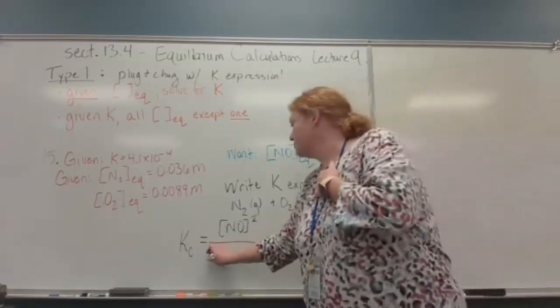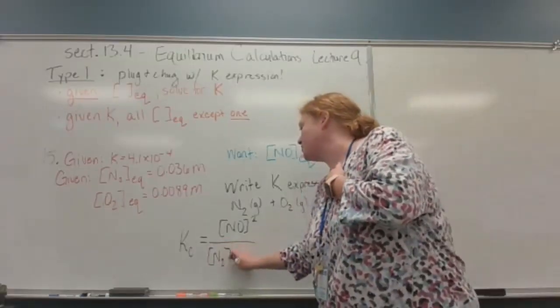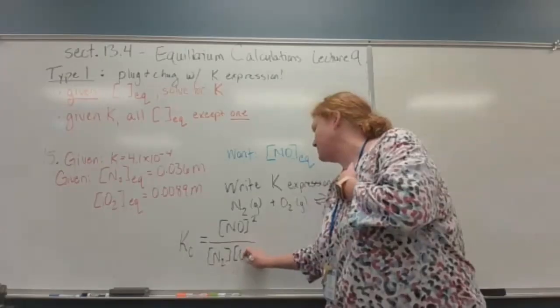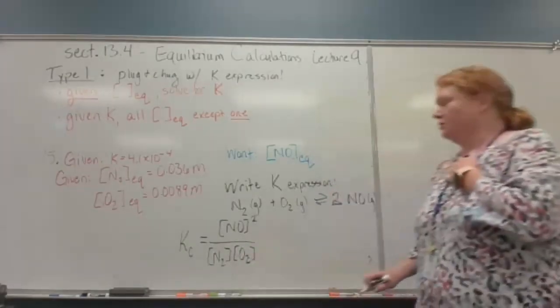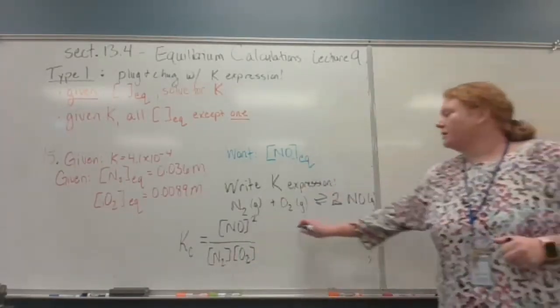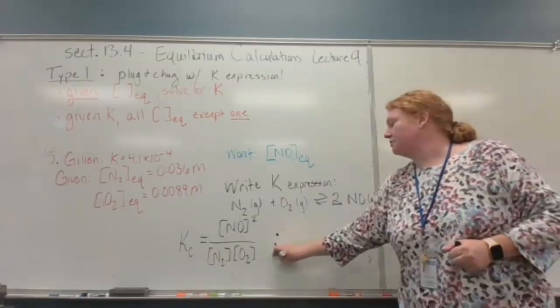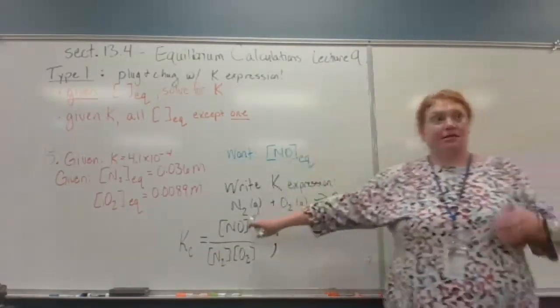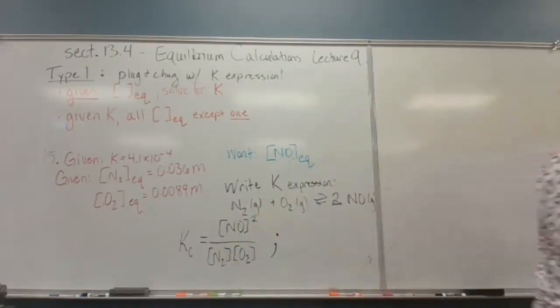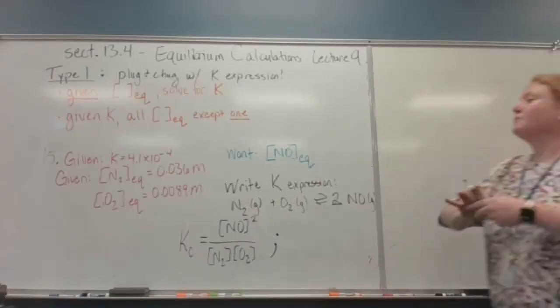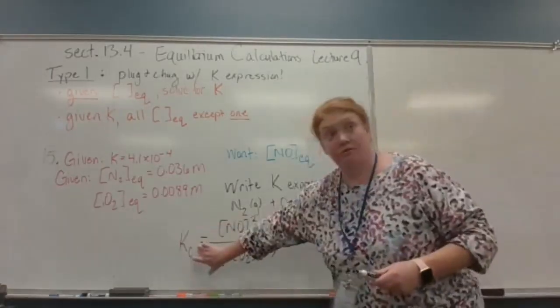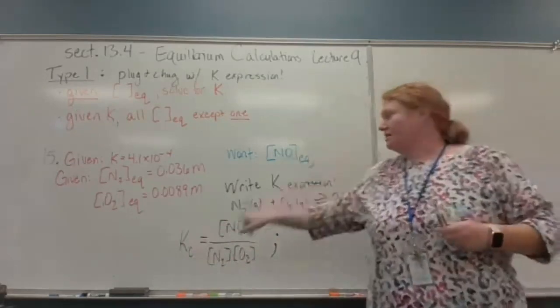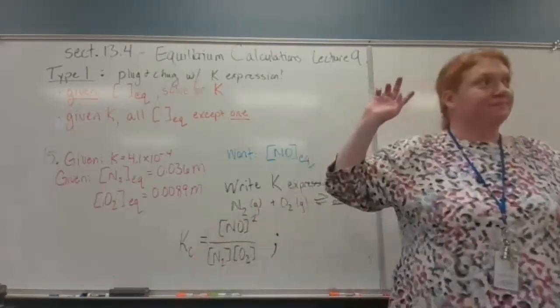N2 times O2. And both of those are to the first power, yes? How do I solve for just NO? Multiply both sides by the bottom and then square root it.